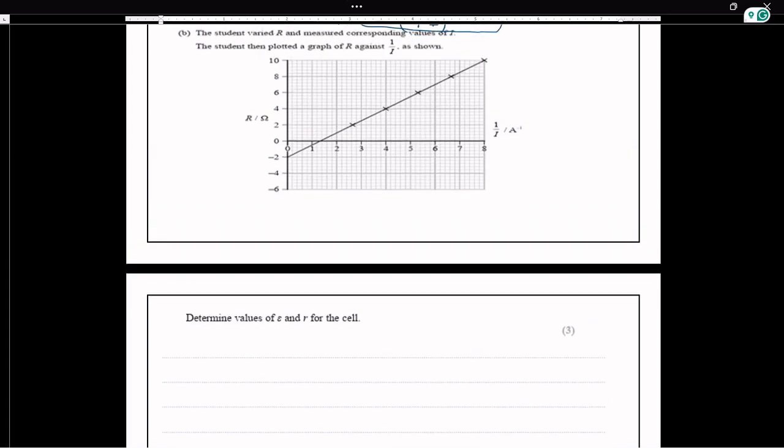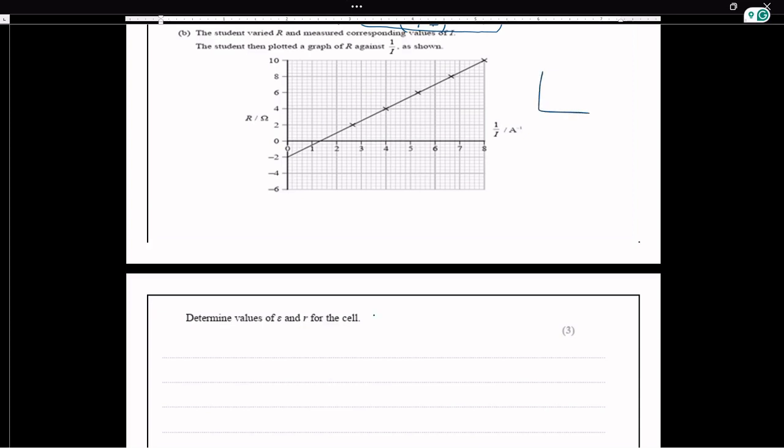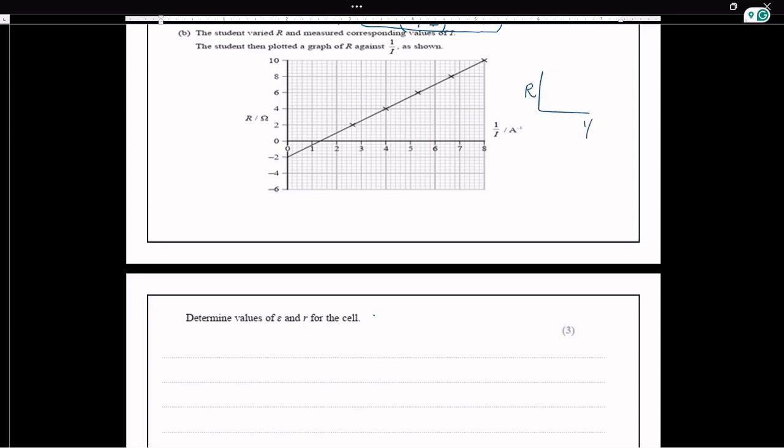Our graph is between R and 1 over I. When I am calculating the gradient, gradient equals delta y over delta x, R over 1 over I, which is R times I.